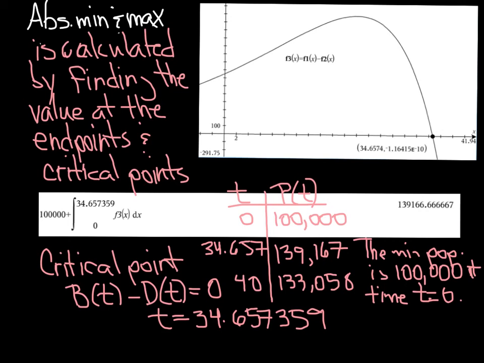So you would have to state that. And then the maximum population, oh dear, I'm going to run out of room, is, and then I would complete my sentence, 139,167 penguins at time t equals 34.657. And what is the units again? Years. Okay, so there you go, is your complete answer.